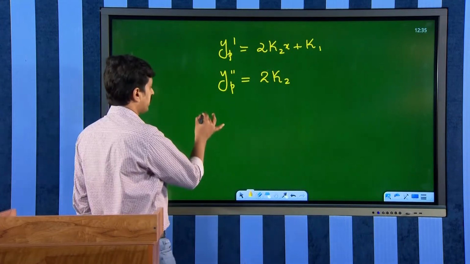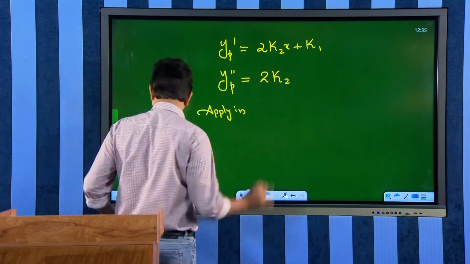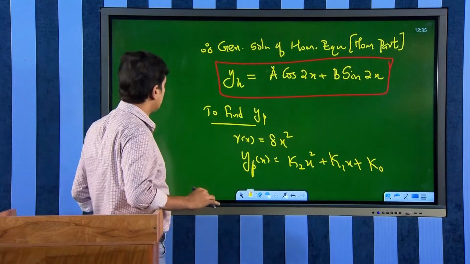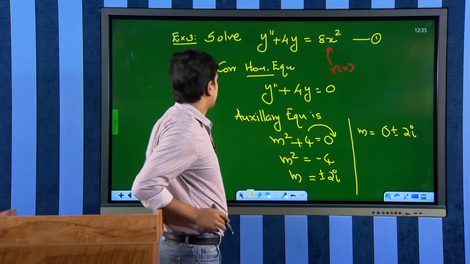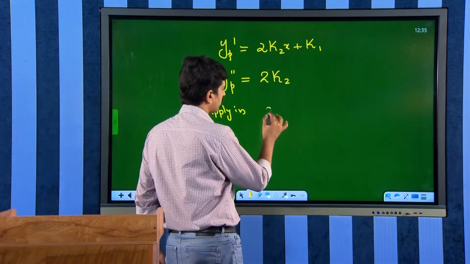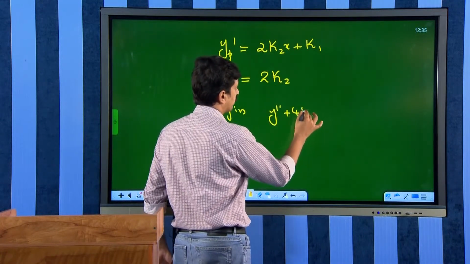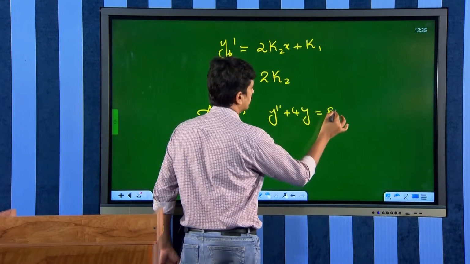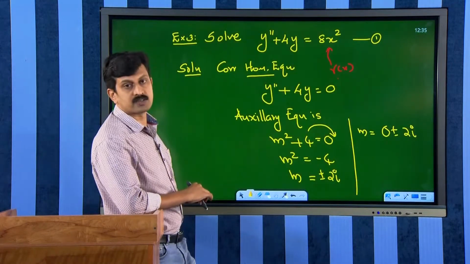Now apply these in our equation, y double dash plus 4y is equal to 8x square. That is our differential equation.